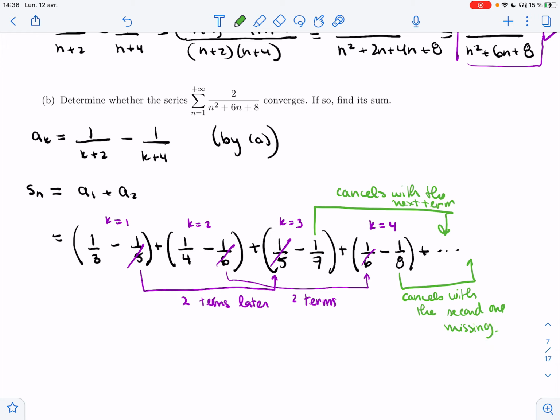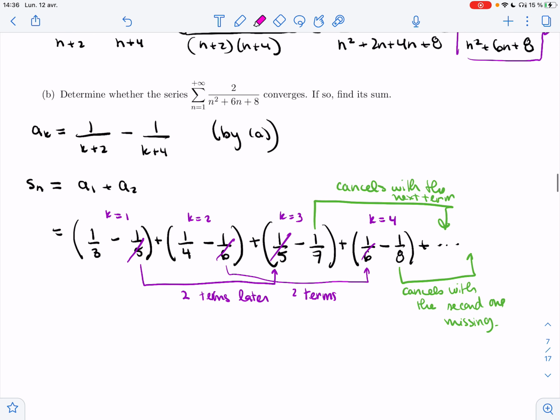So from the front part, we're going to keep 1/3 and 1/4. Everything else will disappear.